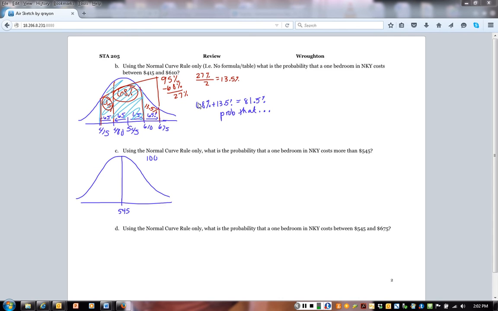Alright, there's 100% total. It's symmetric. So they have to have an equal amount in each spot. So there's going to be 50% on this side, 50% on that side. I want more than, so we're just going to get 50% as our answer.